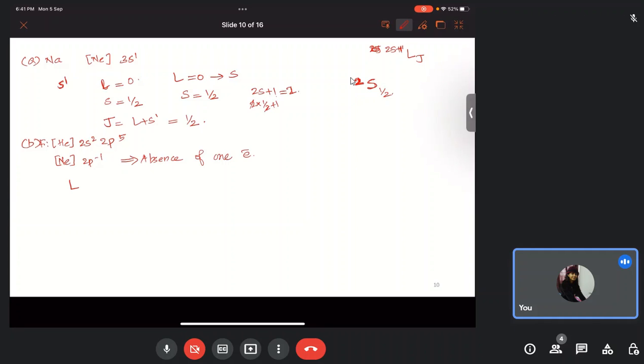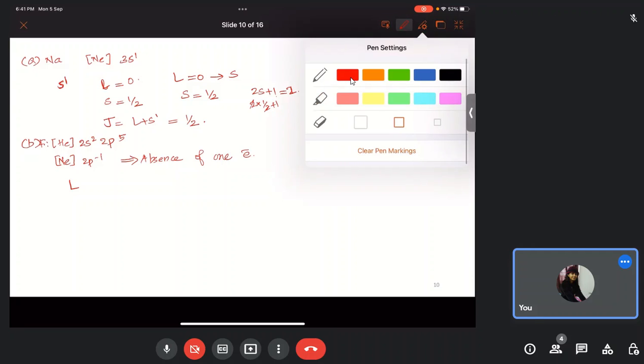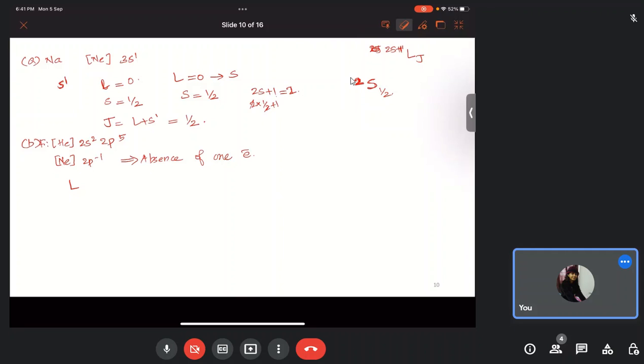And your L value is going to be 1, which makes your total orbital angular momentum 1, and the S value is 1/2, since we need one more electron to fill the 2p orbital.